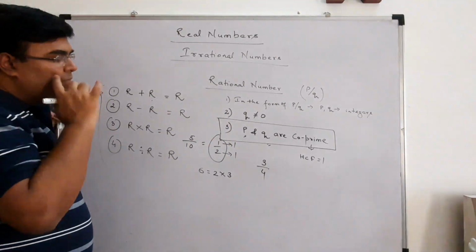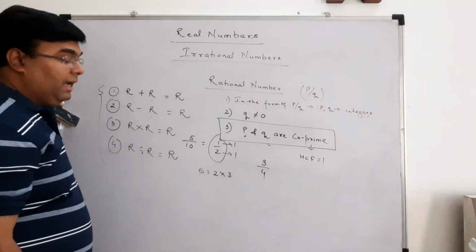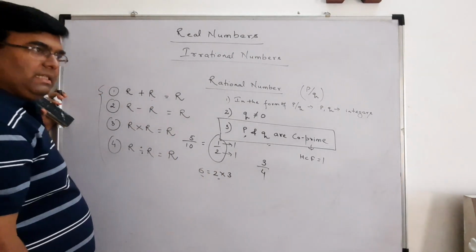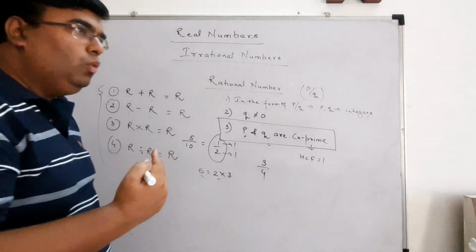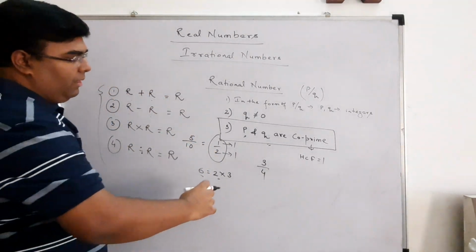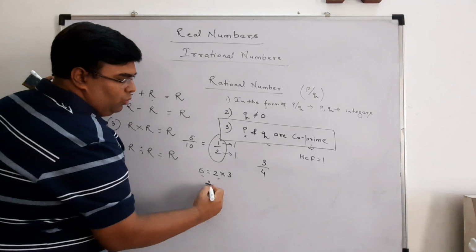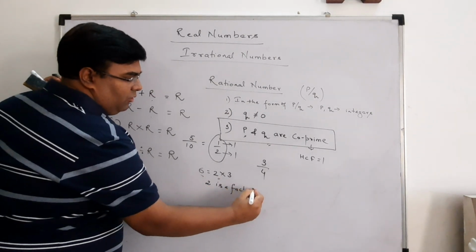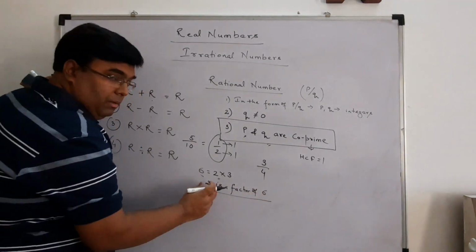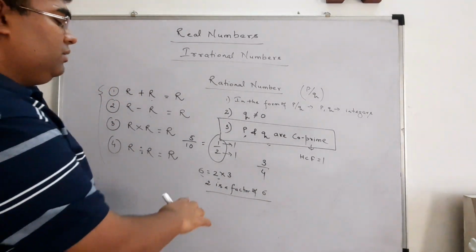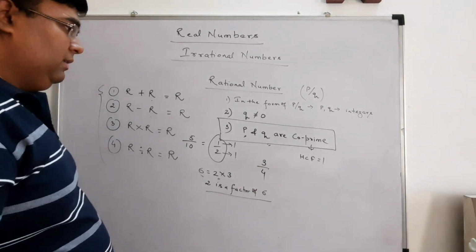Now what we can say is that 2 is a factor of 6, or 2 can divide 6. So we can write it like 2 is a factor of 6. Remember this statement because we will use this.